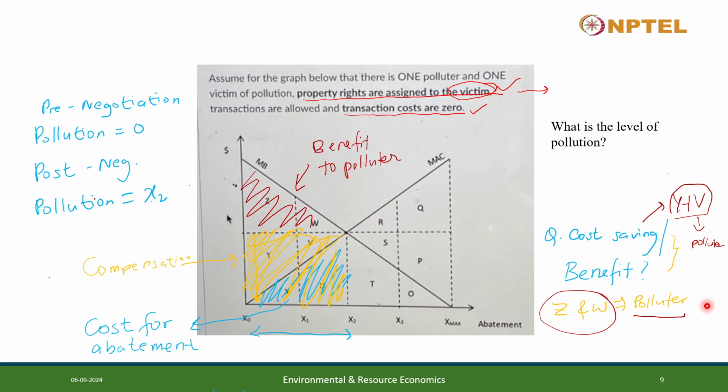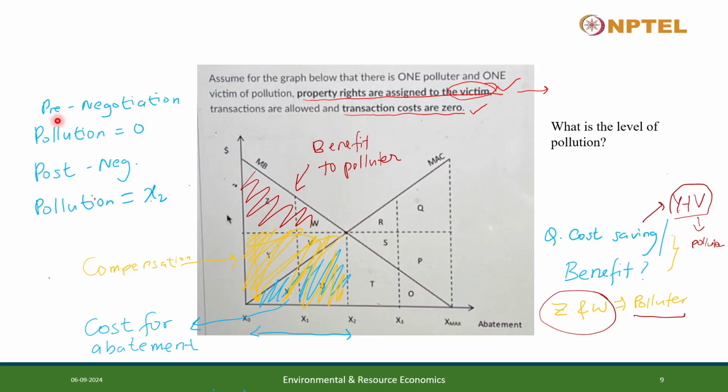And for the polluter, Z and W area. So this blue part will be the benefit to the polluter. And the social surplus will be area Z, W, Y, and V. So this whole area, that is benefit to polluter plus benefit to pollutee, will be the net social welfare or net social gain.